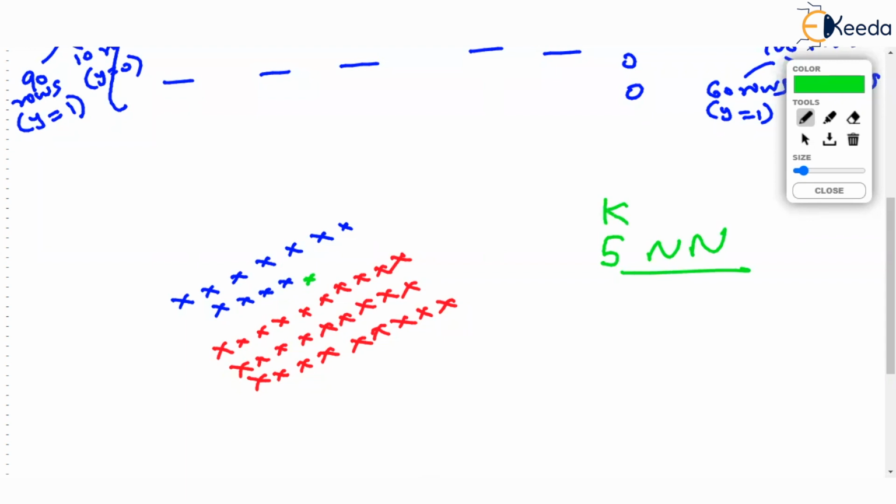Then we will find five of the nearest neighbors, and you will agree there are more and more chances that the nearest neighbors will be from one class, because they are a lot in number. I hope you are understanding. One of the nearest neighbors is this, another will be this, and so on.